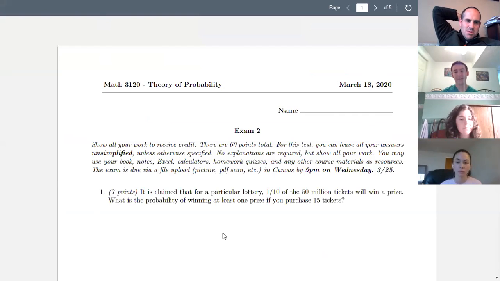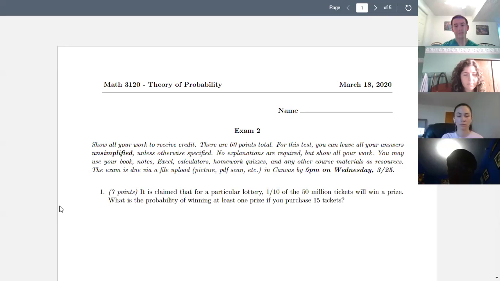So somebody want to speak to how they approached that first one? I think that's a binomial. Okay, you did binomial. Yeah, that was one of the approaches I saw.